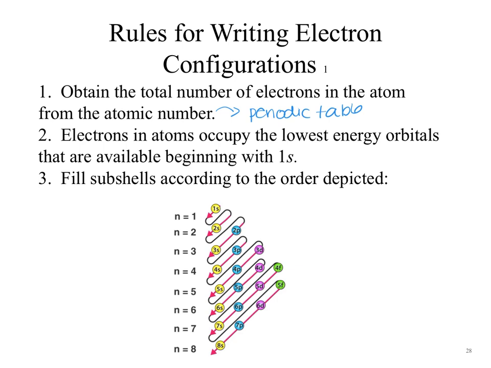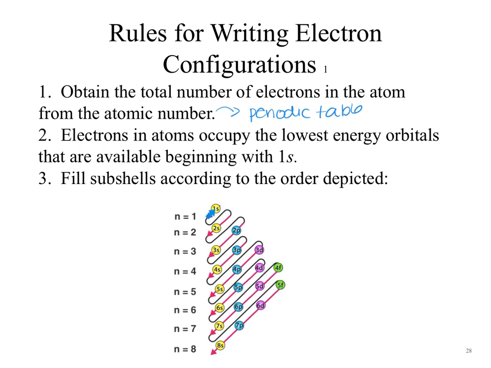Now there are a lot of different helpful ways to remember this. This is a really nice one where you write all the s's here: 1s, 2s, 3s, 4s, 5s, 6s, 7s, 8s, and then the p's here, and then the d's here, and then the f's here. And you see you keep the 4s in a line and the 5s in a line.